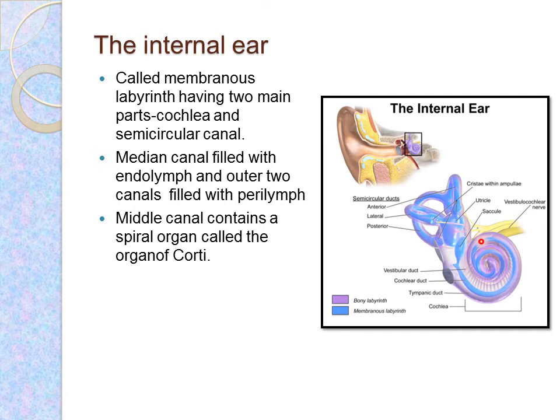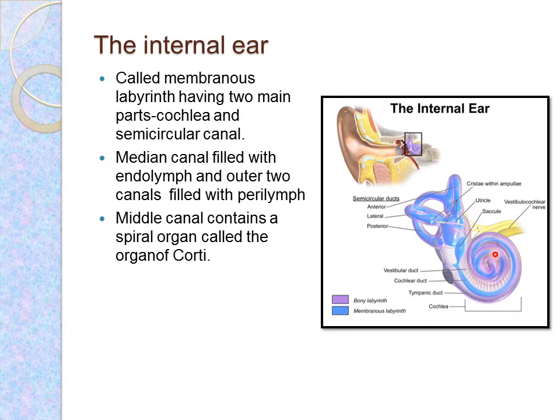Now in the inner spiral cavity, what is there? It contains separate channels. Now these channels are always separated by membranes. Thin membranes are there, and it is filled up with a fluid. So what is it filled up with?